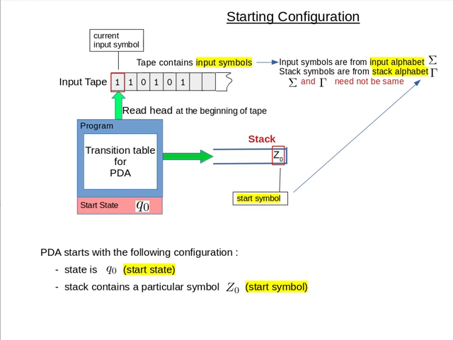For finite automata, what was the initial configuration? In the finite automata, the head was at the leftmost position. None of the symbols are processed yet, so it will start processing from here, and the head will move from here to the end of the input. And initially the state was Q0.